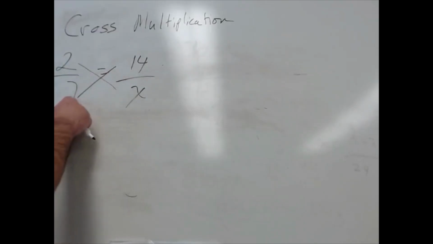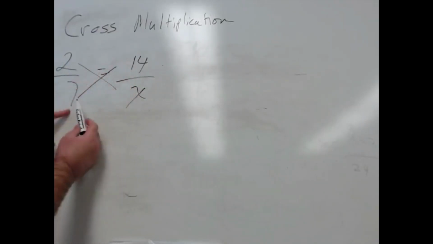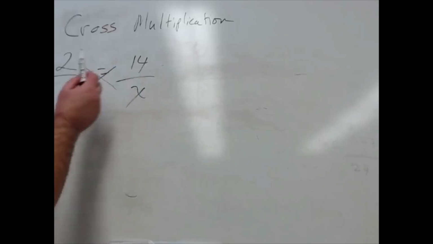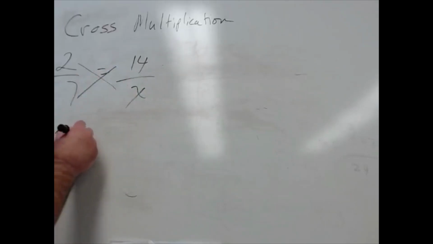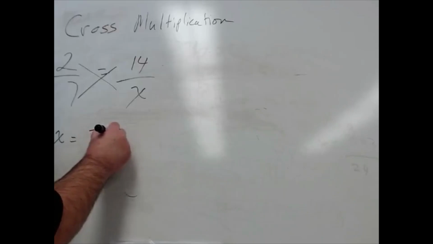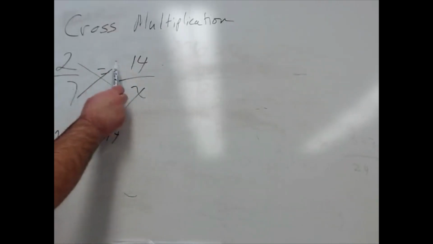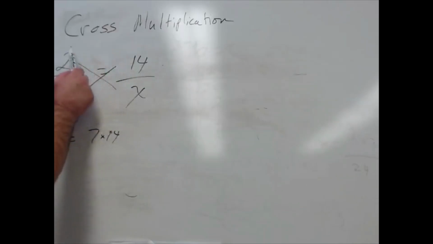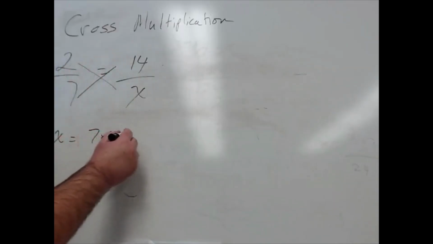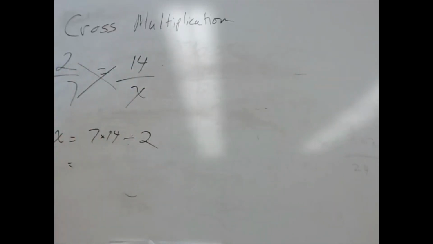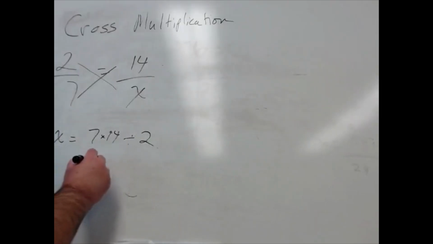But these two numbers here, I do know both 7 and 14. So I know that those are the numbers that are going to get multiplied together. 7 and 14 get multiplied, and then I divide by the number that's left over, the 2. So my answer is 7 times 14 divided by 2. I think when you do that, you'll get 49.